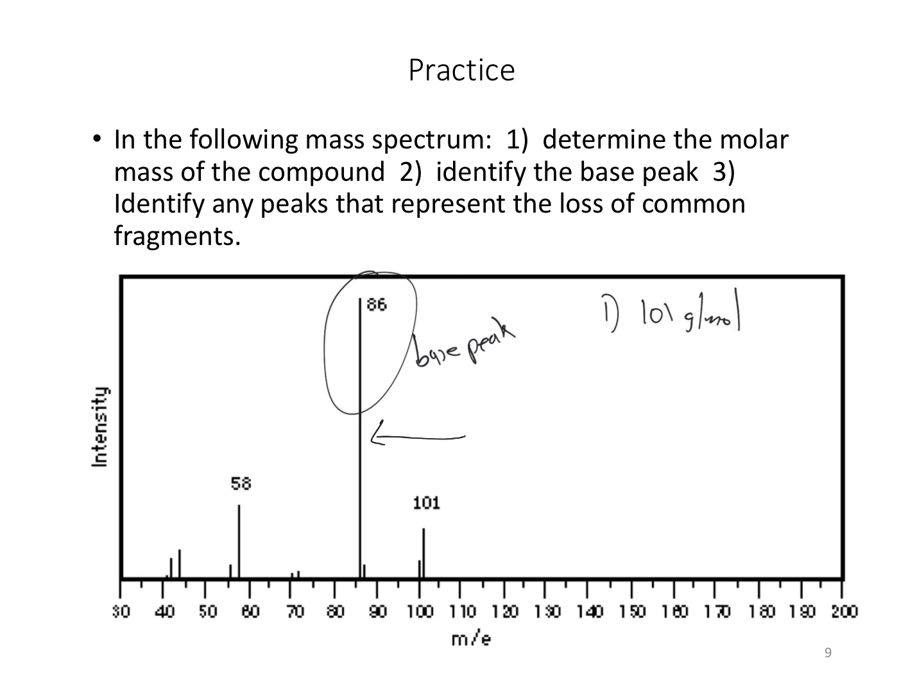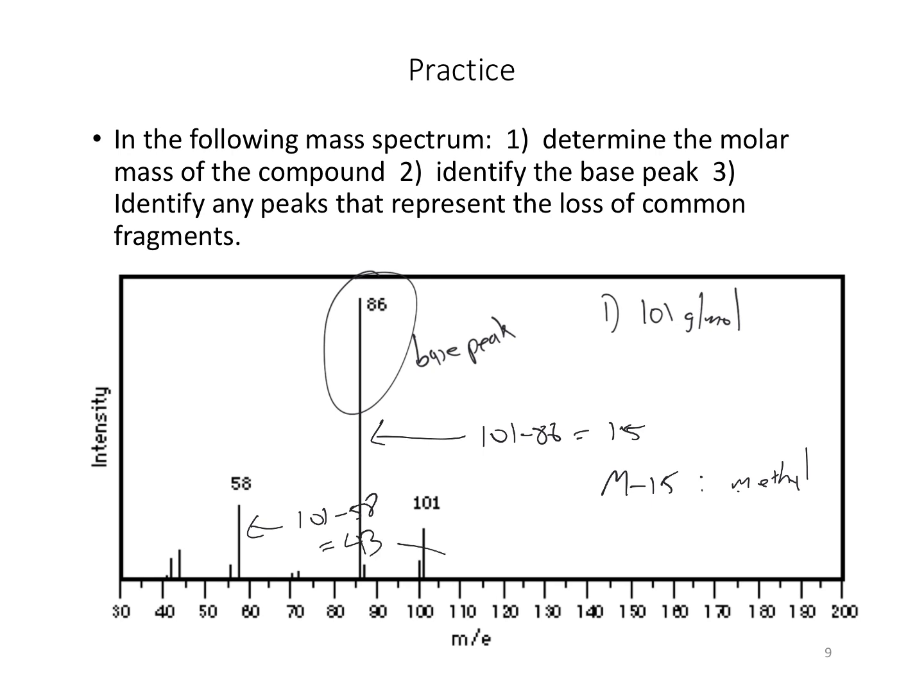So for this peak, I would do 101 minus 86. That gives me 15. If you remember from that chart, this is an M minus 15 peak, and so that corresponds to a methyl fragment. Okay, and then if we look at this peak, and we do 101 minus 58, that gives us 43, right?